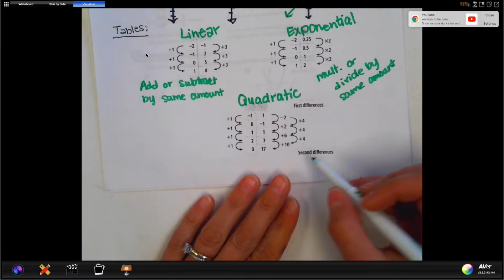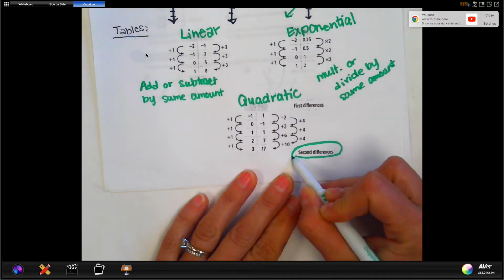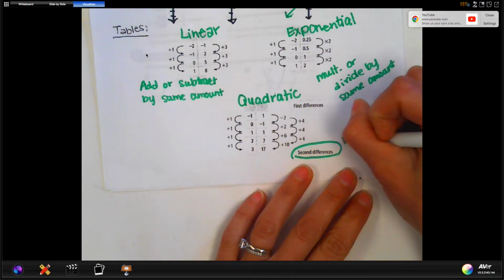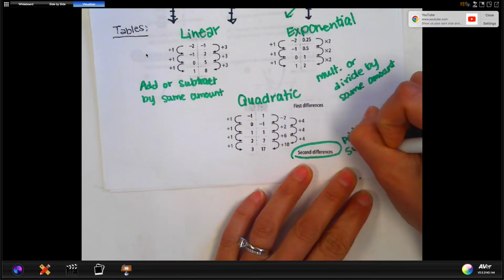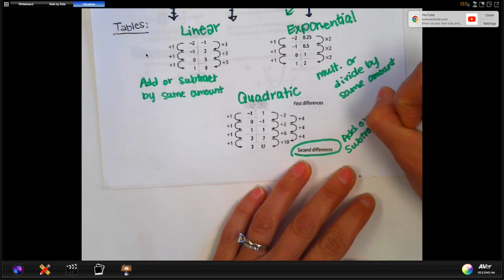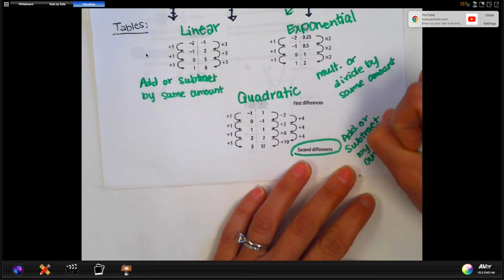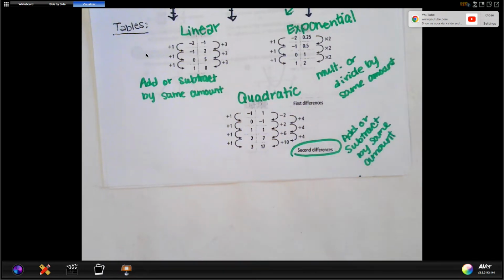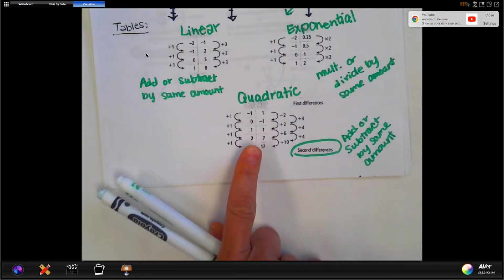So here, your second difference will add or subtract by the same amount each time. That's the main part of a quadratic: it does not appear as though there's a common difference at first, but then you check the second difference and it is the same every time.